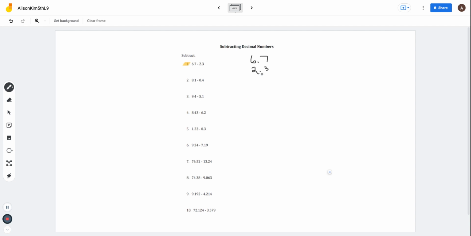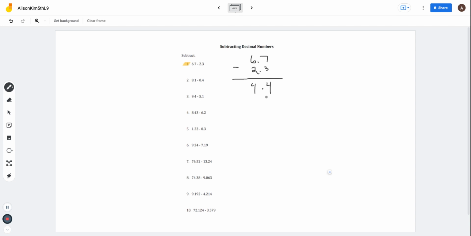So once I have the decimal points matching up, I'm going to subtract them. And then once again, I'm going to bring down the decimal point before I forget. Same place, right? All have only one number behind the decimal. So now we're going to subtract. 7 minus 3 is 4. 6 minus 2 is 4 again.